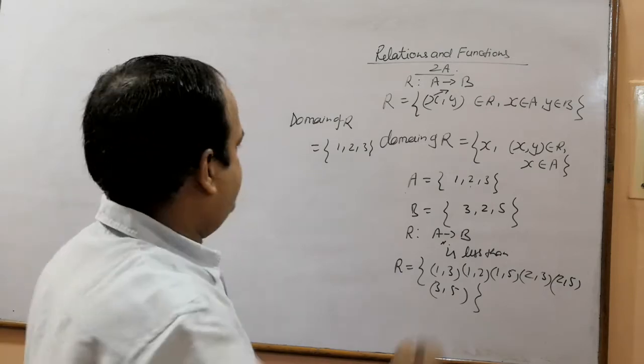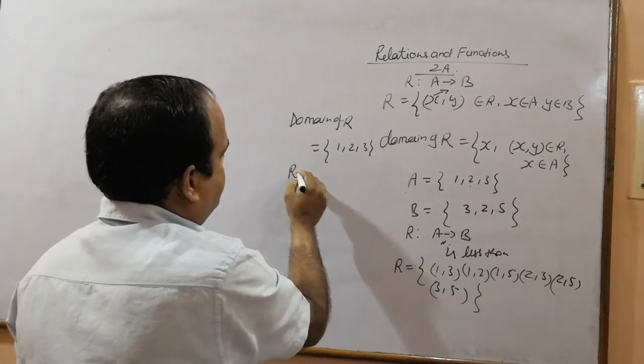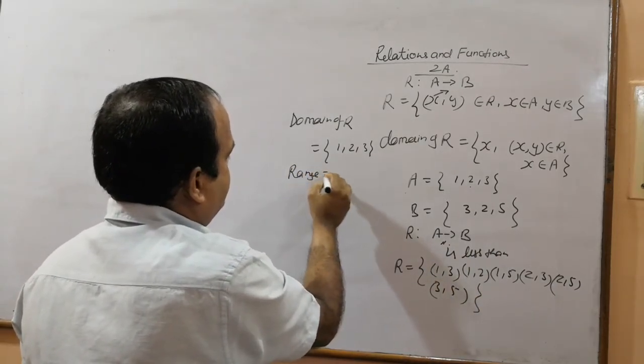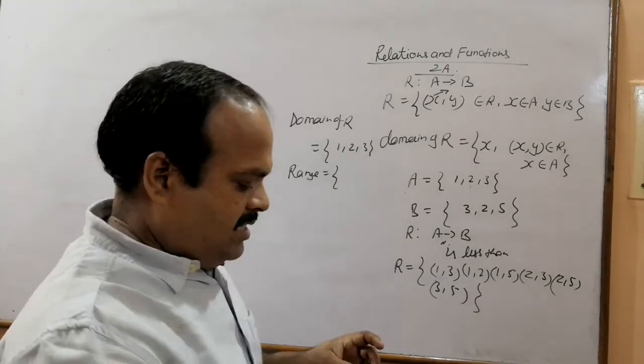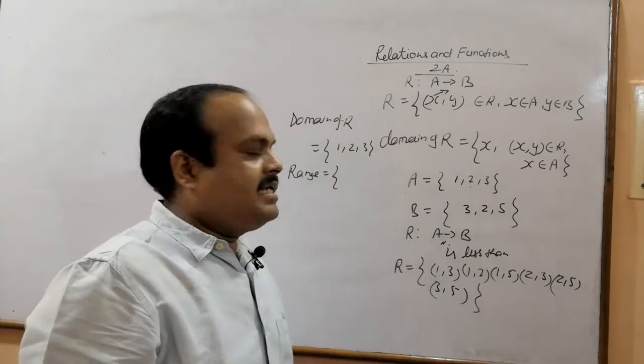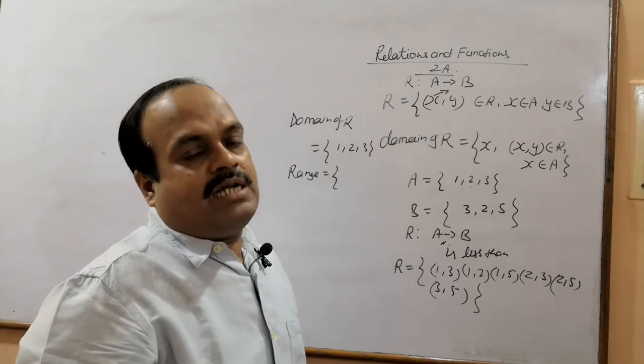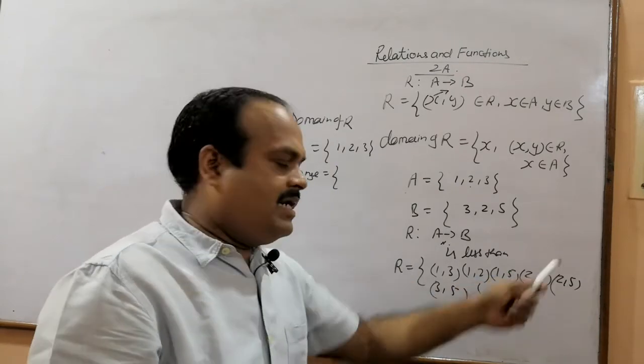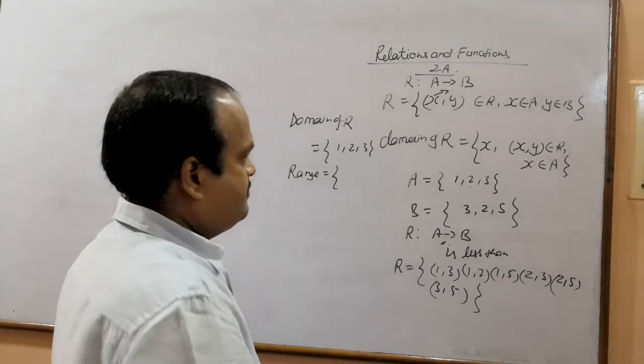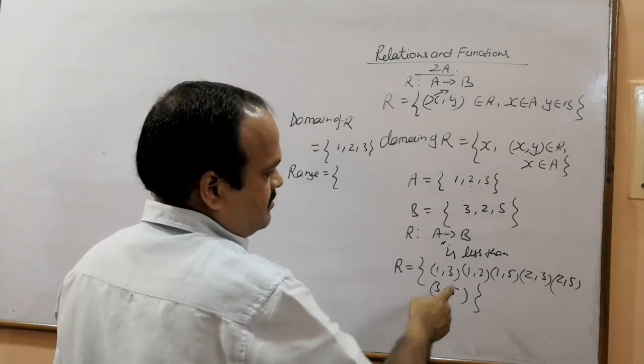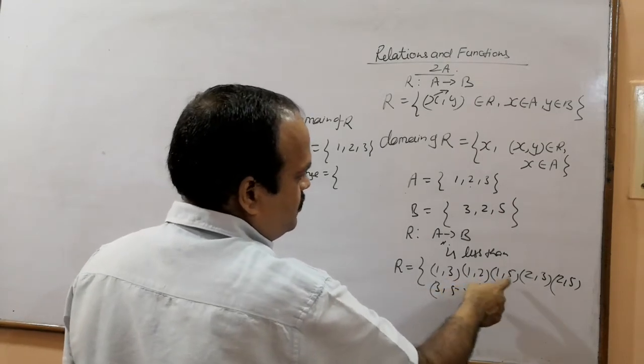Then range. The range of this relation R will be the collection of second entries of the relation R: 3, 2, 5.